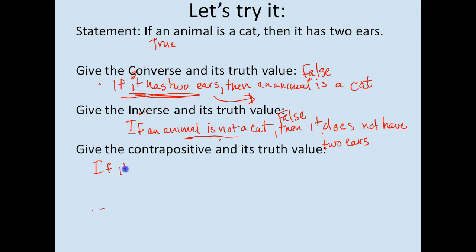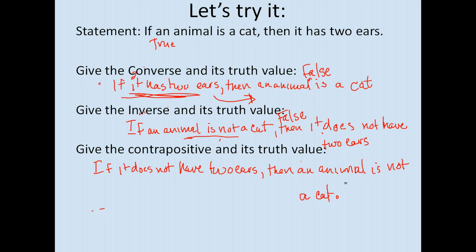So we will have: if it does not have 2 ears, then an animal is not a cat.